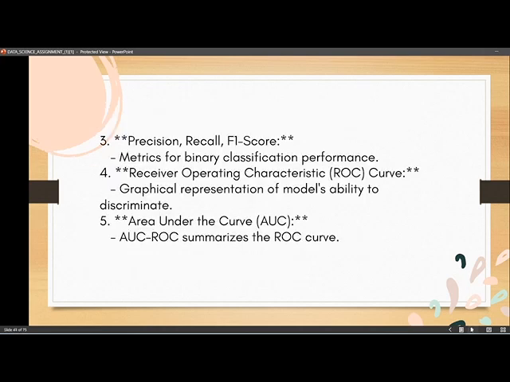Third is precision, recall and F1 score used for metrics of binary classification performance. Fourth is receiver operating characteristics, ROC curve, used for graphical representation of model's ability to discriminate. Fifth is area under curve, AUC. AUC ROC summarizes the ROC curve.